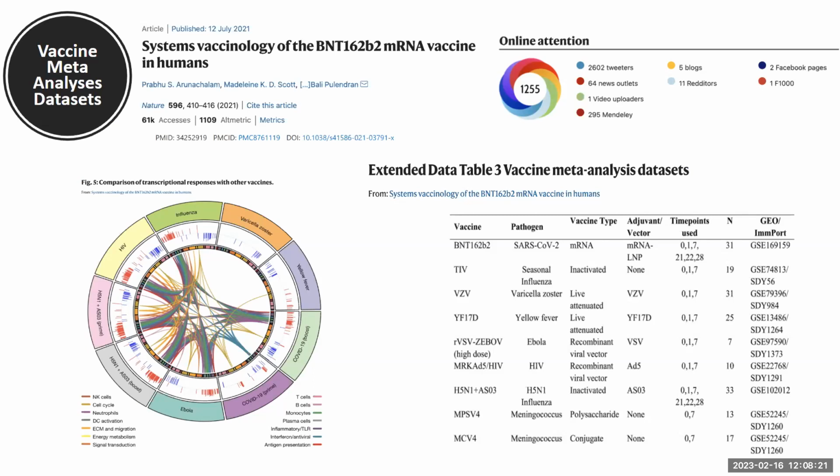And what is being done with all this data? This is a great example, one of many data reuse publications where a team has come in and looked at these data within ImmPort and made some new findings or discoveries that have advanced the field.